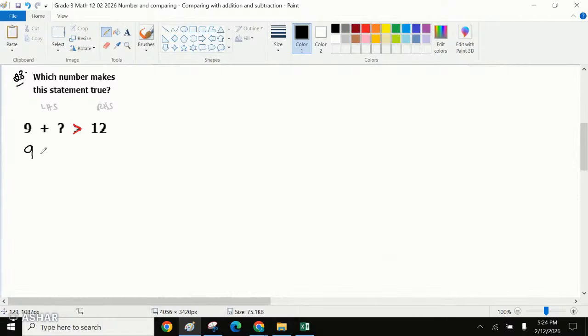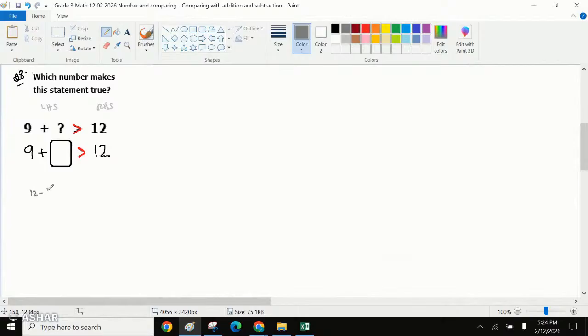So if I say 9 plus a number, let's suppose that's a missing number, should make the number on the left hand side greater, because it has the opposite of this inequality. Or we can say 12 is less than 9 plus something, right? So what is the difference of 9 and 12?